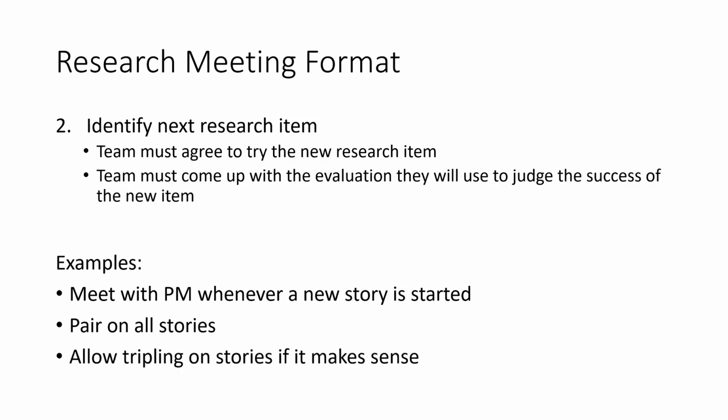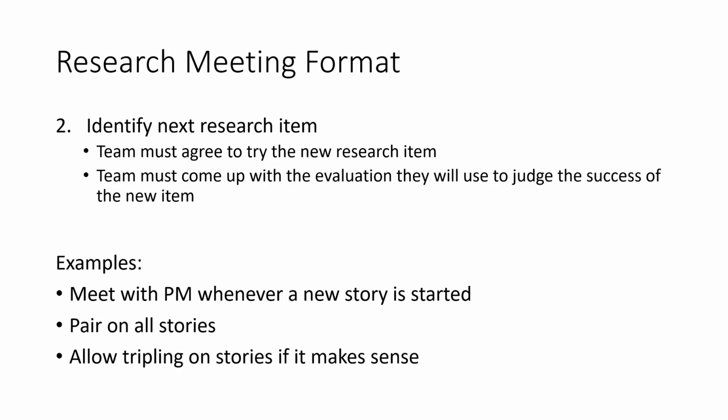The third one was to allow tripling. So pairing is 2 people, tripling is 3 people. We had some developers who were less experienced in certain areas, and they wanted to learn more about those areas, but they didn't want to slow the team down.